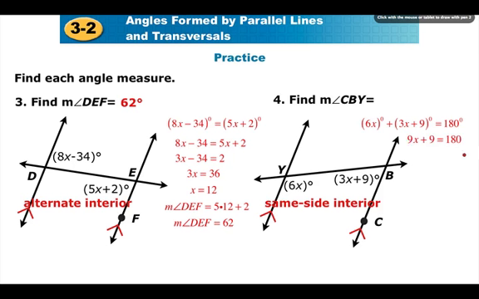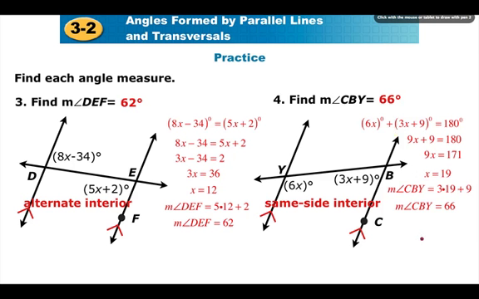That's how you get 9x. Take away 9, you get 171. Divide both sides by 9, you get 19. You don't stop here. I'm looking for the measure of CBY. So you plug it in here: 3 times 19 plus 9. That's what I have here. Simplify, you get 66. So this is your answer.